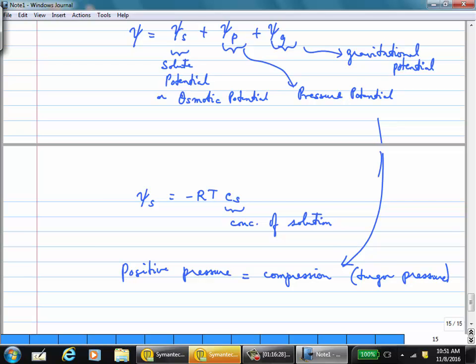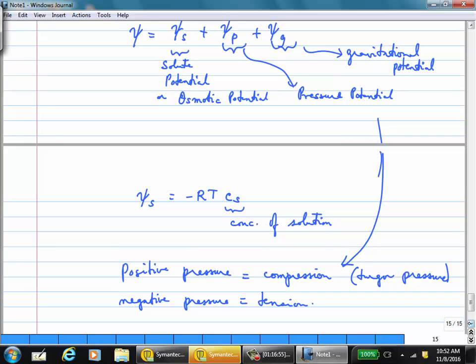That can be built up as the cell is trying to grow against the cell wall, with all that water in it. That's turgor pressure. On the other hand, if you have negative pressure, that is called tension. And these pressures are measured with respect to the atmospheric pressure. So if it's one atmospheric pressure, then the potential is going to be zero.